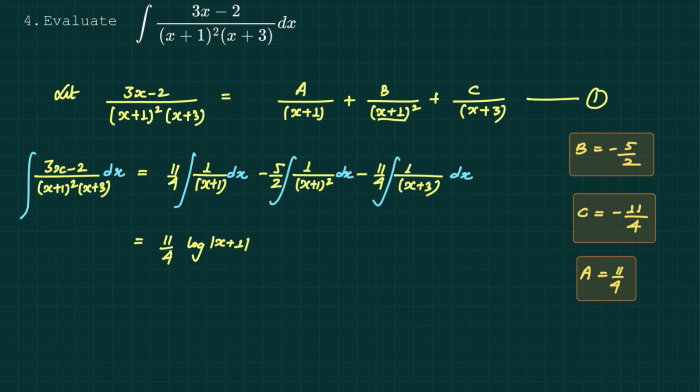And the integration of this second term, note there is x plus 1 whole square, so you do this by the method of substitution only. Then here we will have minus 5 by 2, and if I integrate this, then we will have minus 1 over x plus 1 minus 11 by 4. Here it will be log of x plus 3 plus c.